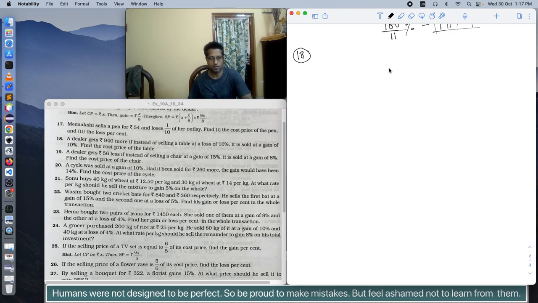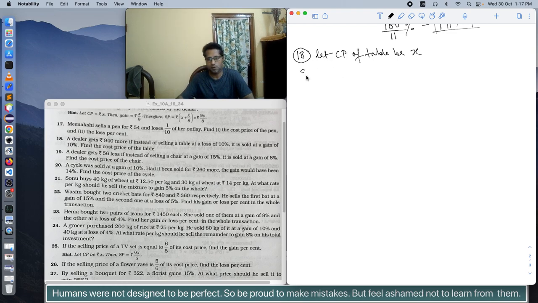So we have to find the cost price of the table. Okay, so let the CP of the table be, I'm ignoring the rupee symbol, I hope it will be understood, X. Let the cost price of the table be X. Okay.